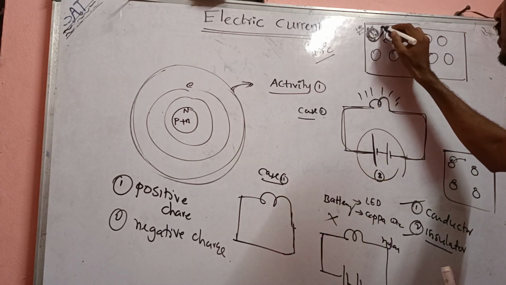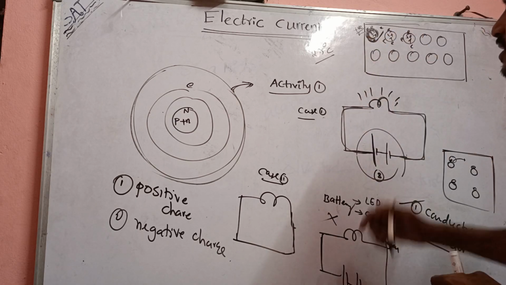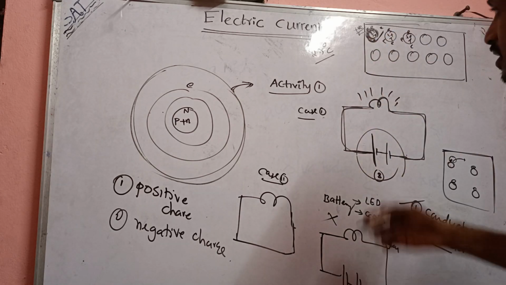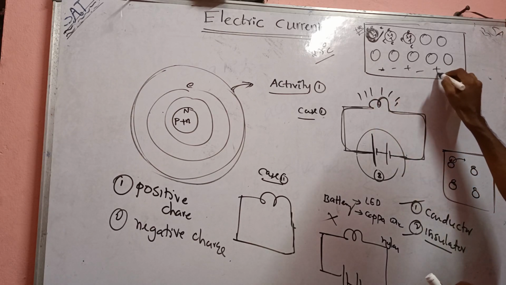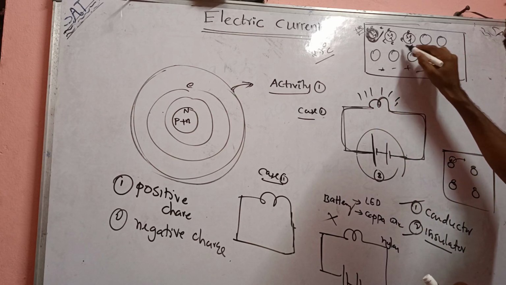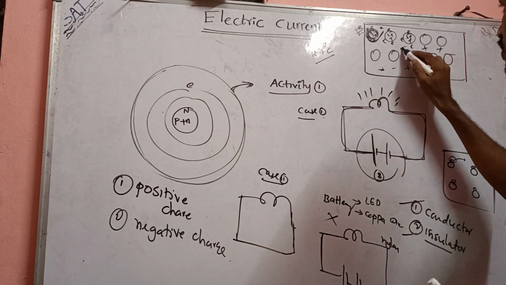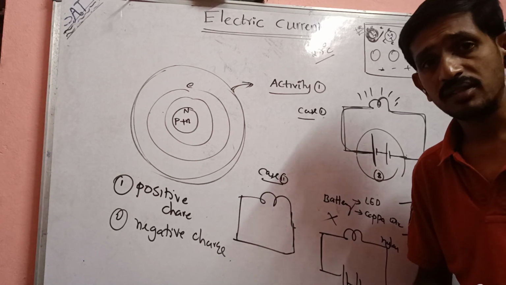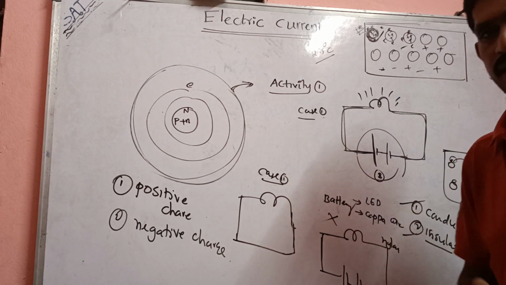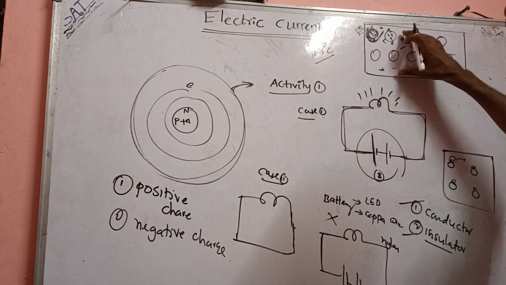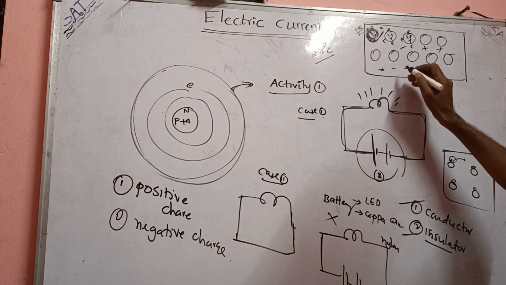So now there is a positive charge and a negative charge. Every atom is like this: positive and negative, positive and negative. So we have n number of free electrons in the conductor. In general conditions at room temperature, this is the position of the conductor and these are the electrons.